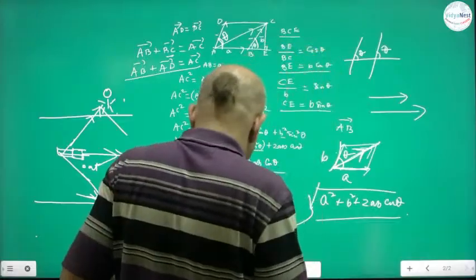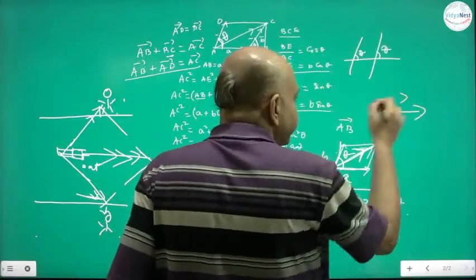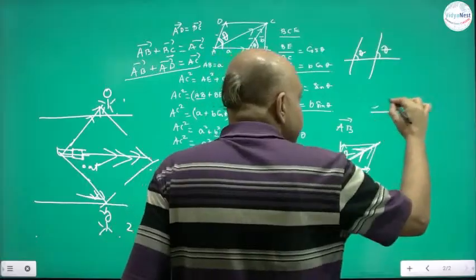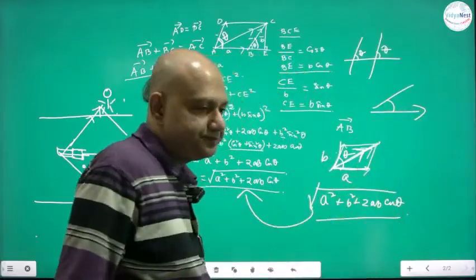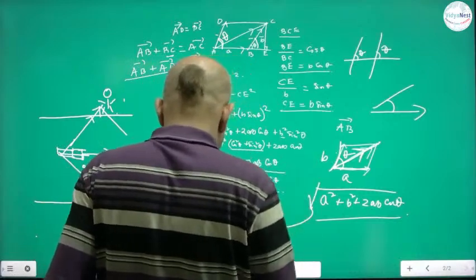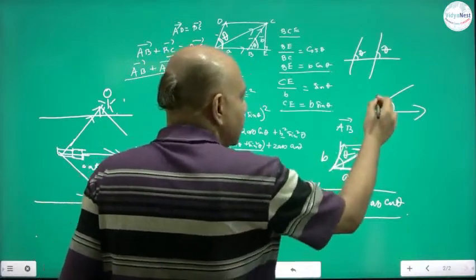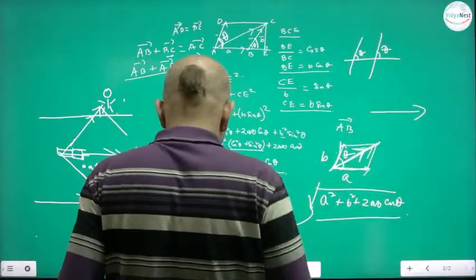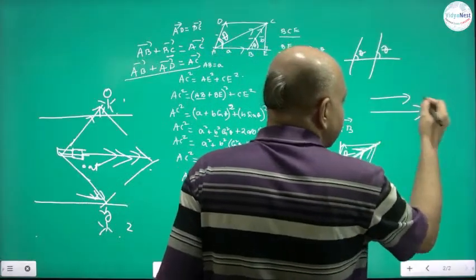If the vector is inclined, then I can get the angle, but if they're parallel, there will be no angle, angle 0.